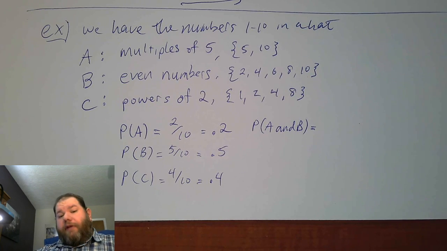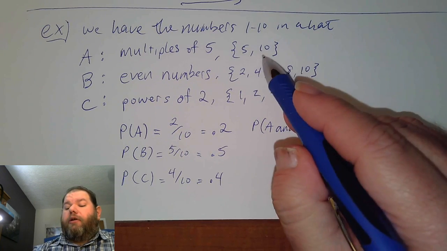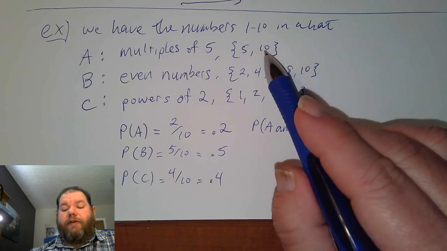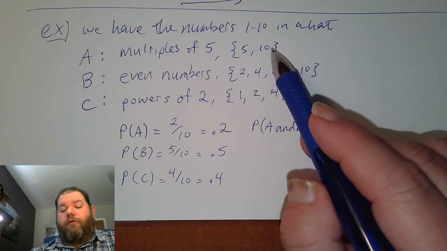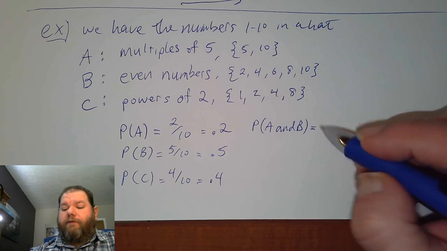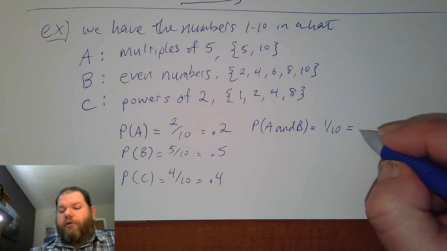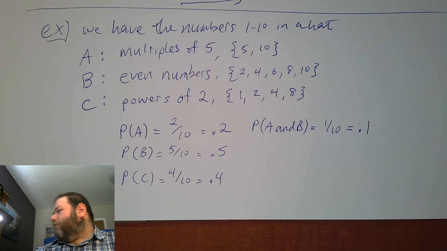Right, they just have the 10 in common here and here. So if we were able to select the 10 at random, then that means both events A and B would be successful. But again, that's only 1 out of 10 outcomes where that would occur.